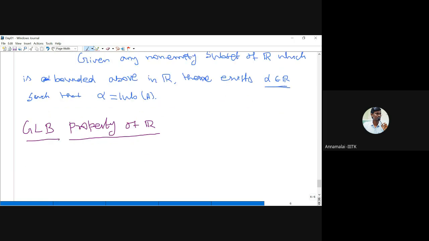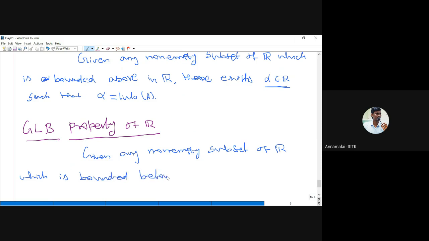So given any non-empty subset of R which is bounded below, then it has a greatest lower bound.